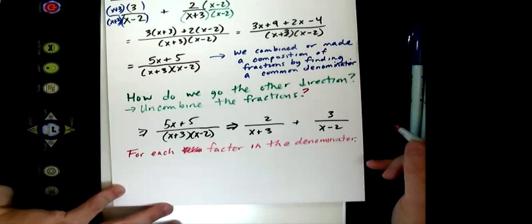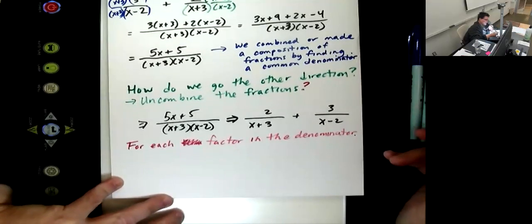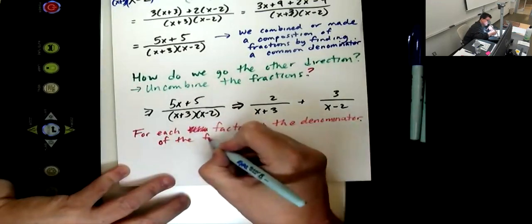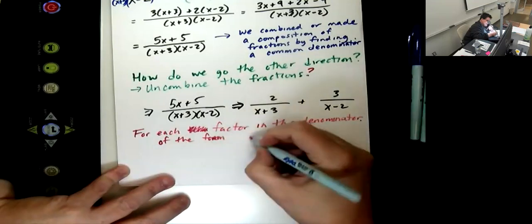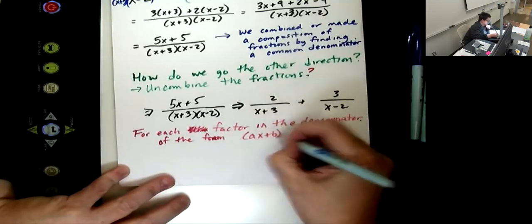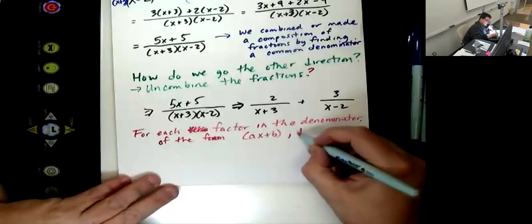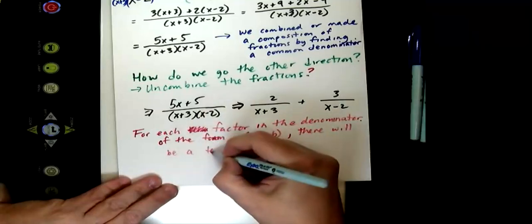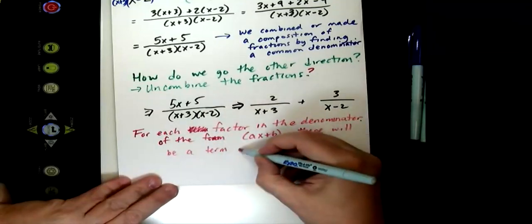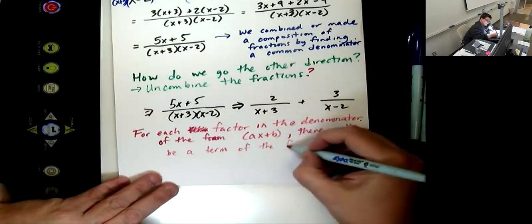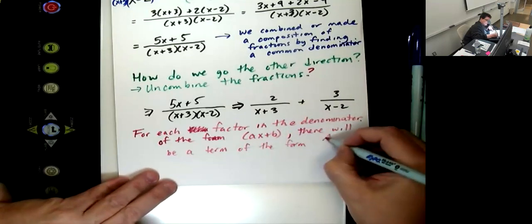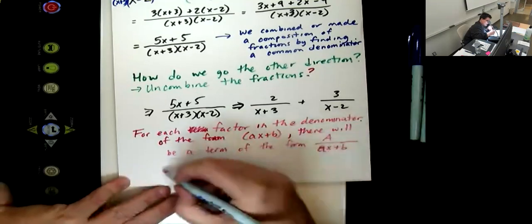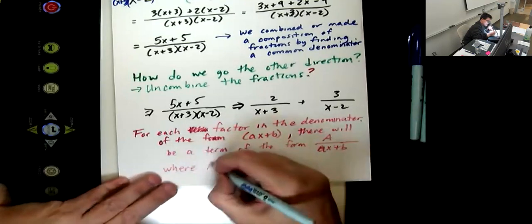All right. So for each factor in the denominator of the form ax plus b, there will be a term of the form A over ax plus b, where big A is a constant.